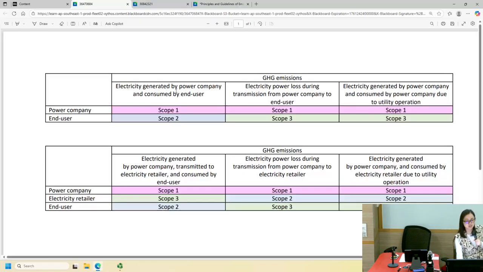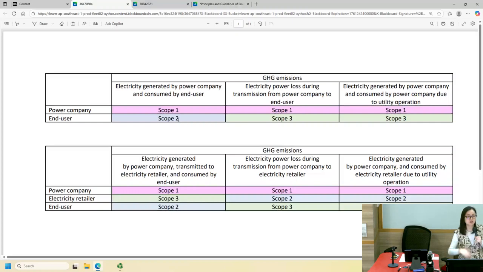For this amount of greenhouse gas emission, it should be quantified as scope 1 for the power company. So if you are the power company and you want to report your carbon emissions, then this amount of emissions would be under scope 1, right? Direct emissions. You are burning the coal, the natural gas, the oil directly, right? So this would be scope 1.